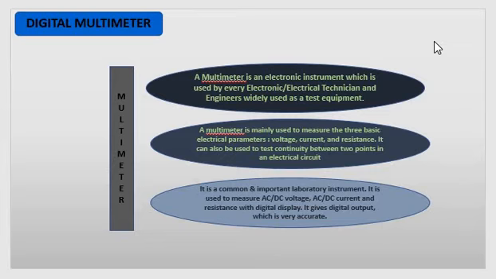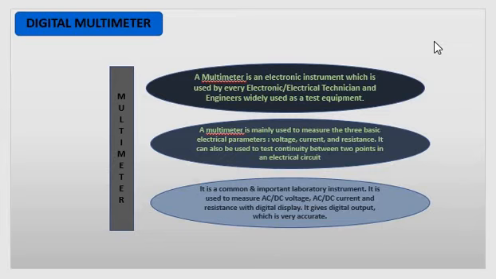A multimeter can also be used to test the continuity between two points in an electrical circuit. So a multimeter is a common and important laboratory instrument. It is used to measure AC voltage or DC voltage, AC current or DC current, and resistance, with a digital display or analog display, depending on the type of the multimeter.